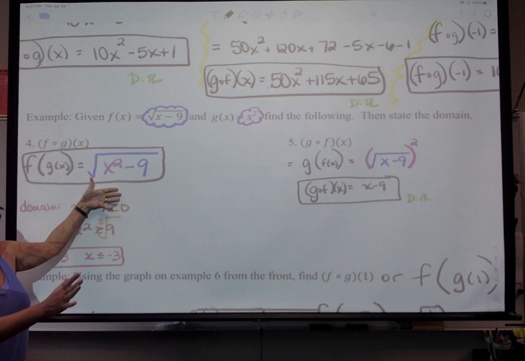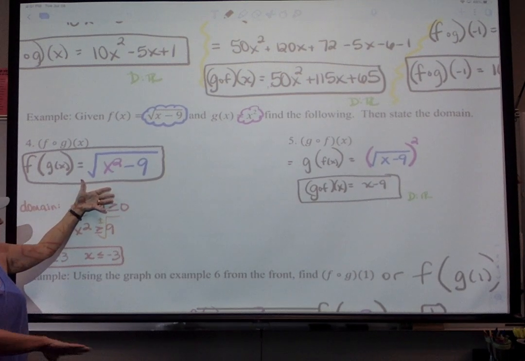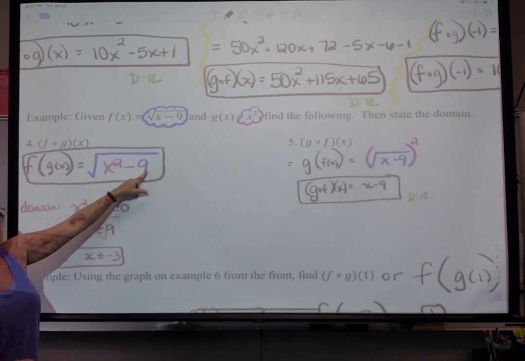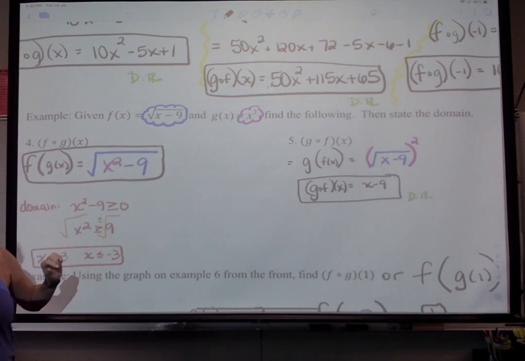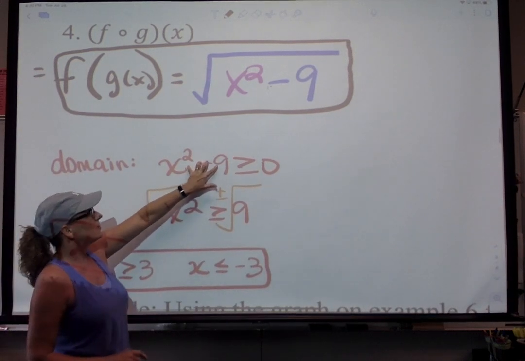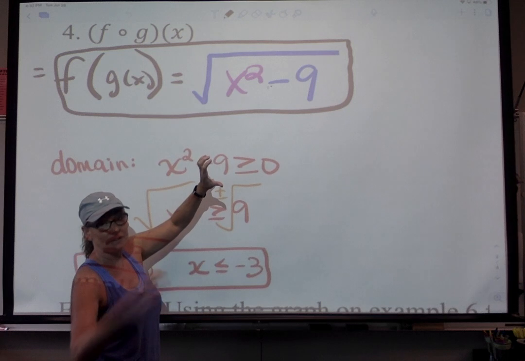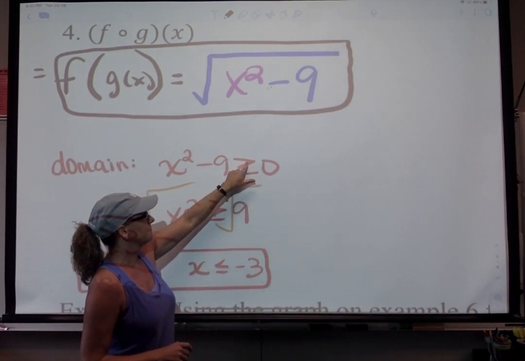Now for domain, quick review of what we did the last unit. Domain, remember how you can't root a negative. So I'm going to take the contents, x squared minus 9, and say what's underneath my radical has to be, well, it can't be negative. It has to be 0 or positive.